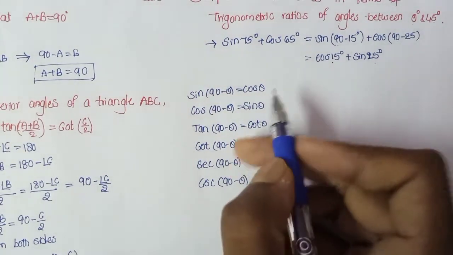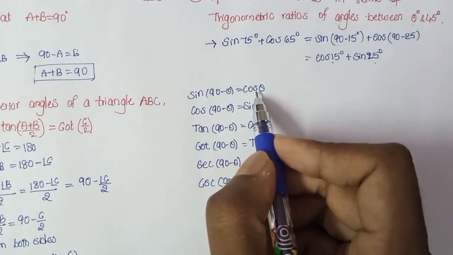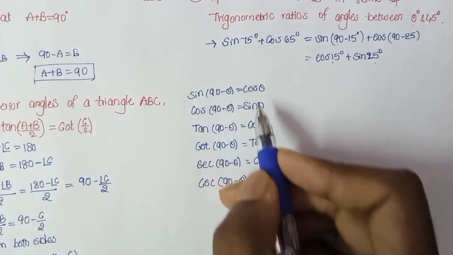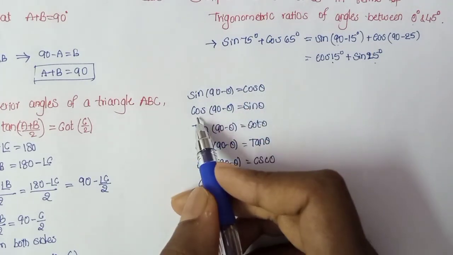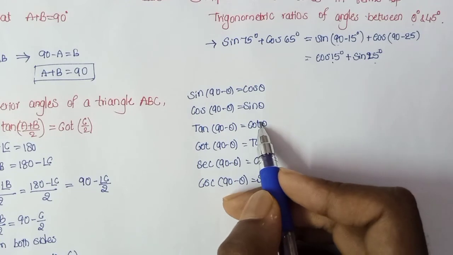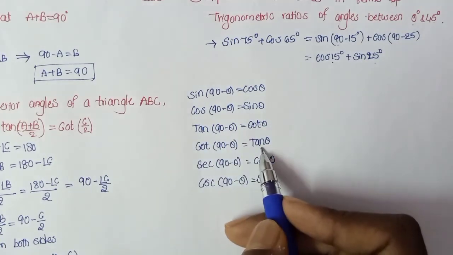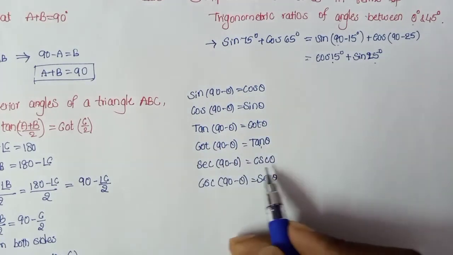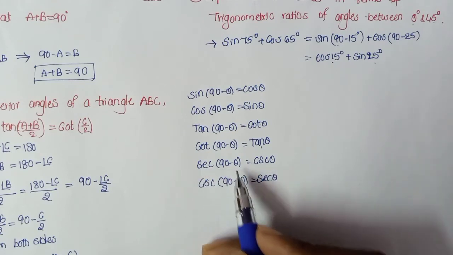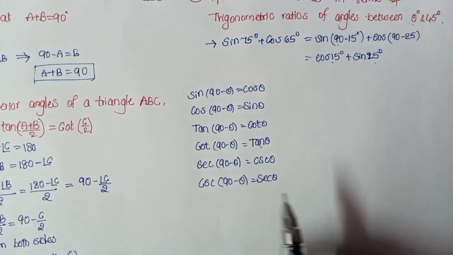And in another manner you can remember: cos theta can be written as sin 90 minus theta, sin theta as cos 90 minus theta, cot theta as tan 90 minus theta, tan theta as cot 90 minus theta, cosec theta as sec 90 minus theta, and sec theta as cosec 90 minus theta.